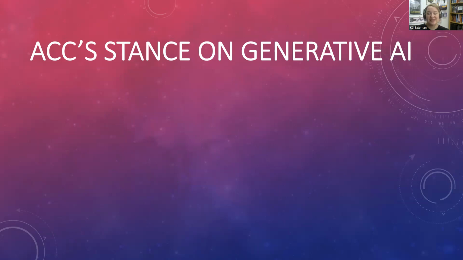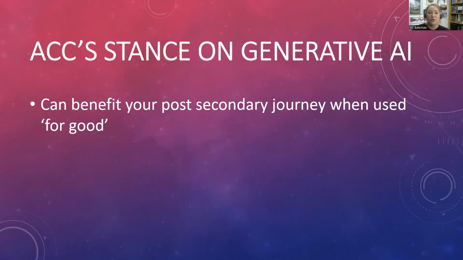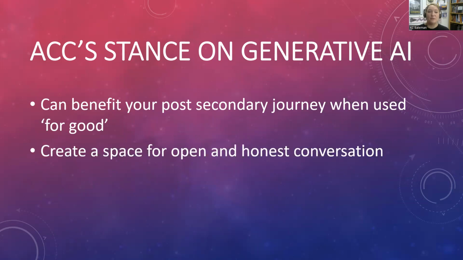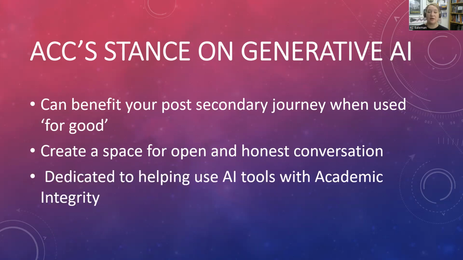So ACC's stance on generative AI, we know that it can benefit your post-secondary journey when used for good. There are definitely ways that some generative AI can bring about academic misconduct violations, but we mostly want to create a space for open and honest conversation. If you have questions about how to use one of these tools, we're going to be there to help you along and help you figure out how to use those tools with academic integrity.